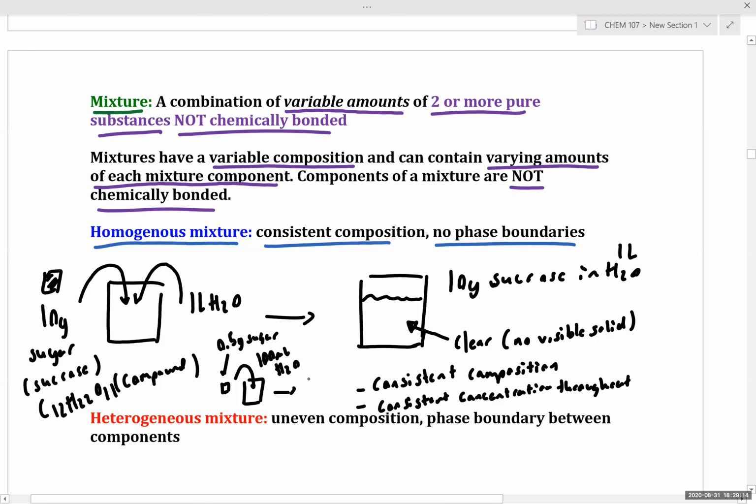That will still give me a mixture, and it will still be homogeneous. But if we compare these two mixtures, will their composition be the same or different? Did I mix the same amount of sugar and water in these two cases? No, right? So mixtures have variable composition depending on the amount of each pure substance that you add. Does that make sense to everyone?